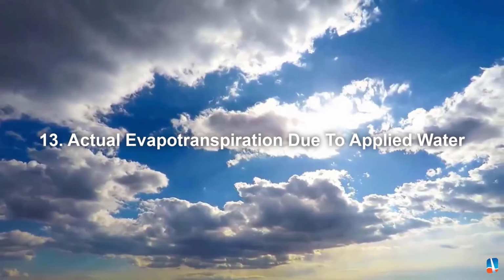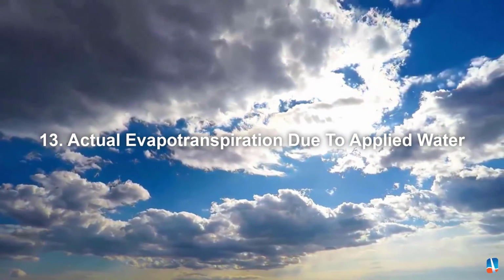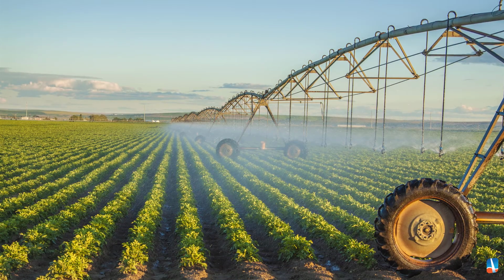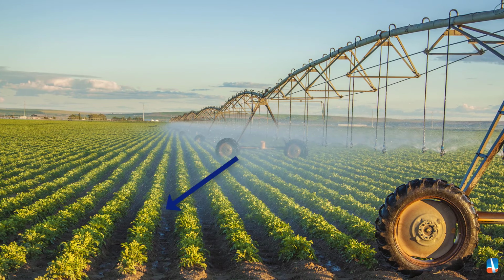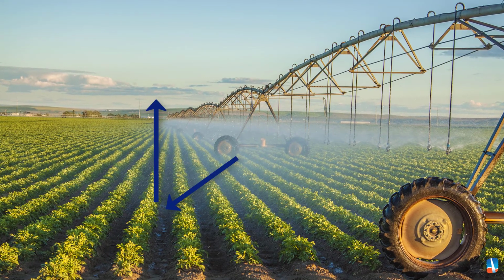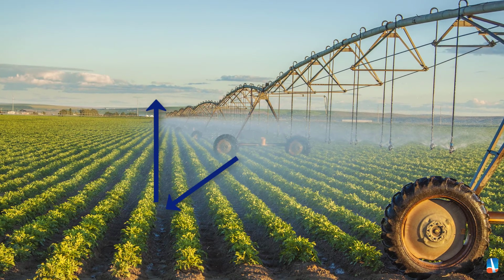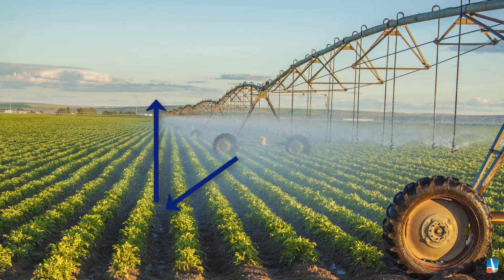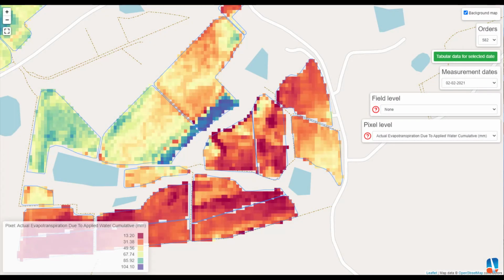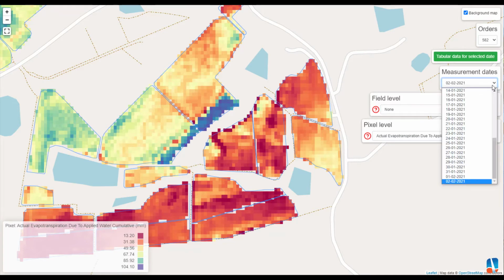Number 13. Actual evapotranspiration due to applied water. ET due to applied water is the amount of irrigation water that is transported into the atmosphere and is blown away. It is an example of water that is consumed due to the irrigation process only. On pixel level, we show you the actual evapotranspiration from applied water since the start of the data subscription.